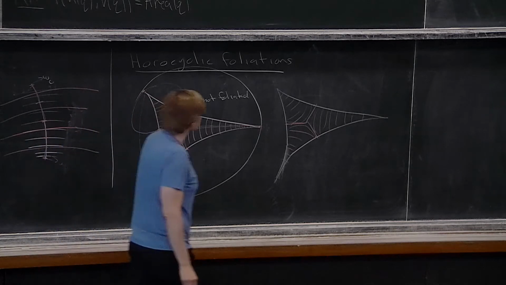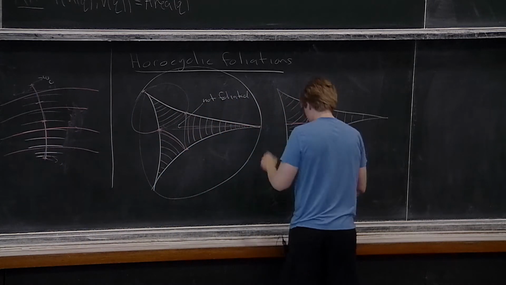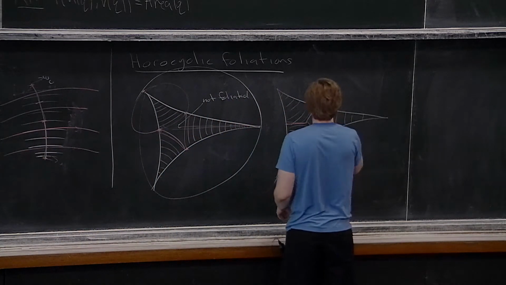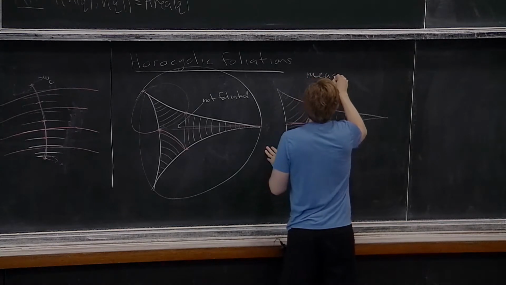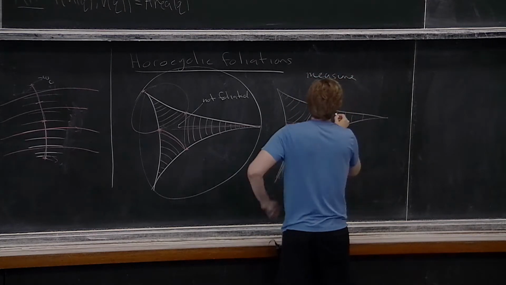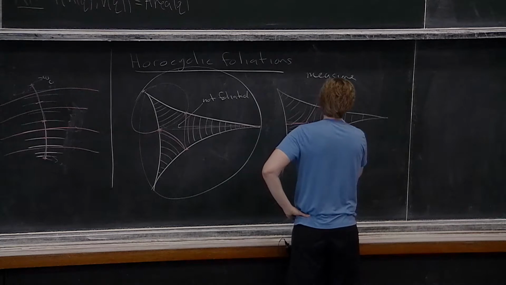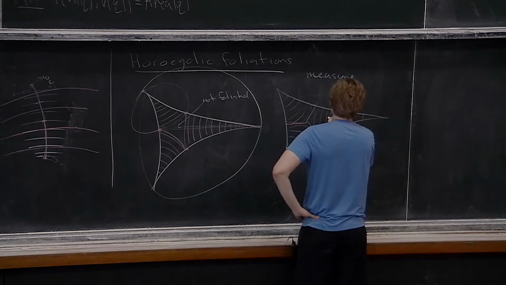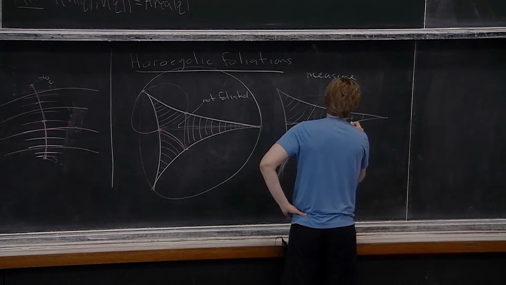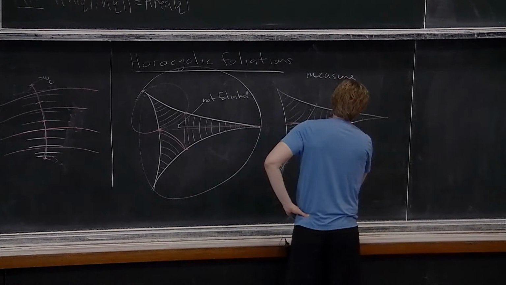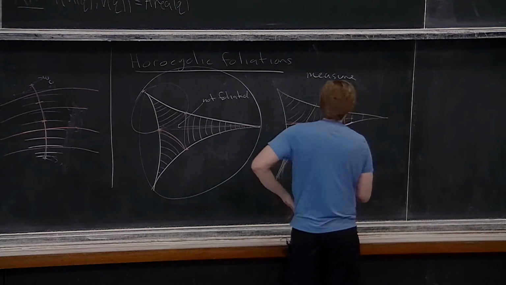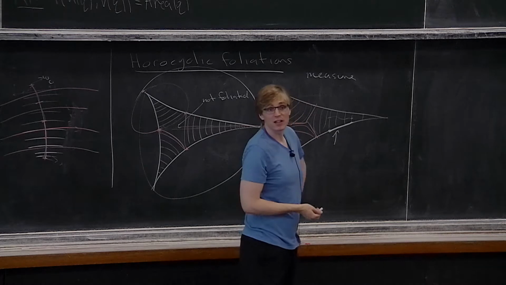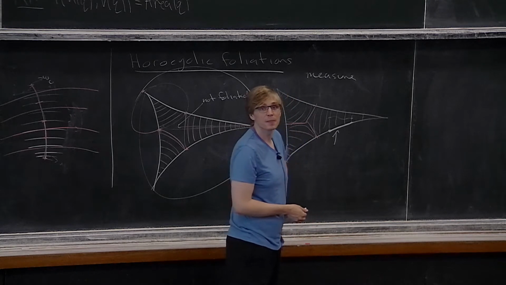Okay, and this foliation has a measure. If I take any transverse arc, I can isotope it to an arc on the boundary, and the measure of that is just the hyperbolic length.